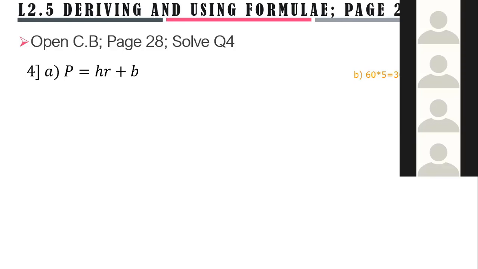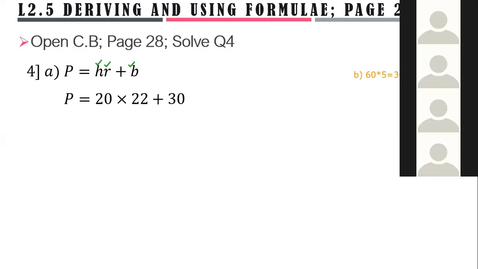They gave you H, they gave you R, they gave you B: the number of hours he worked, the rate, and the bonus. So you need to replace them. H equals 20. So 20 times R equals 22. Plus the bonus, which is 30. So 20 times 22 plus 30.